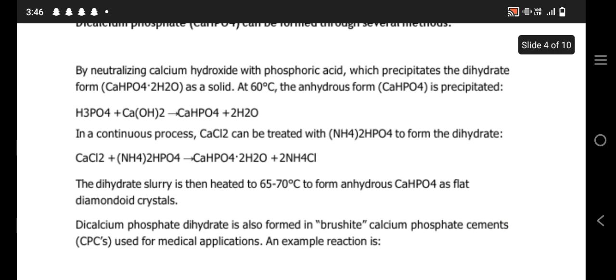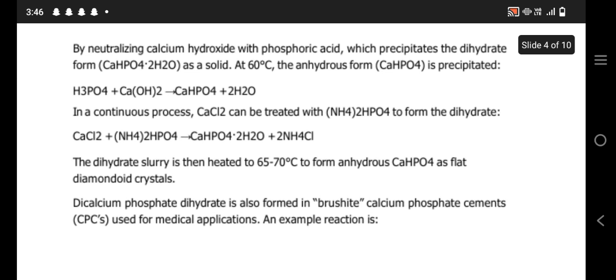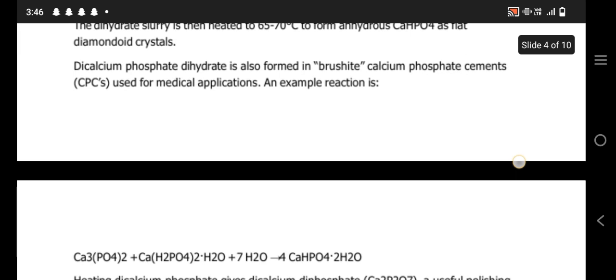In a continuous process, CaCl2 can be treated with H3PO4 to form the dihydrate. The dihydrate slurry is then heated to 65 to 70 Celsius to form anhydrous CaHPO4 as flat monetite crystals. Dicalcium phosphate dihydrate is also formed in brushite calcium phosphate cement used for medical applications.